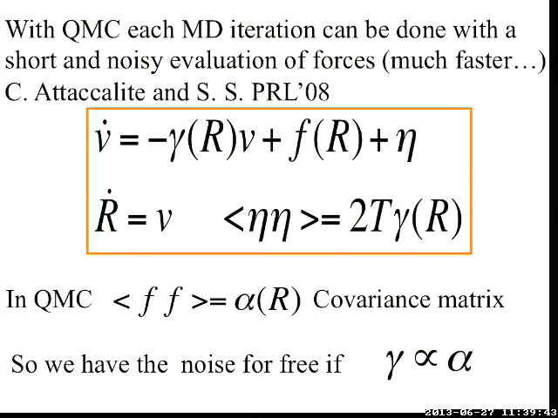Suppose that you have forces calculated with some error bar, and you want to do a calculation of finite temperature that is more or less correct. Of course, the noise of the force will influence your temperature. So if you don't take this into account, you may have not very accurate result.